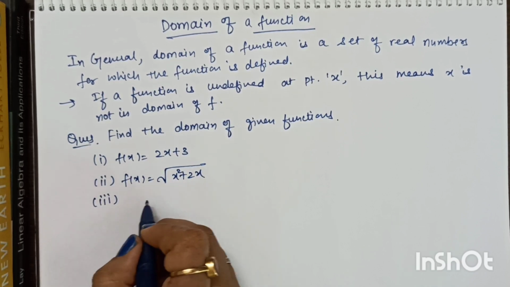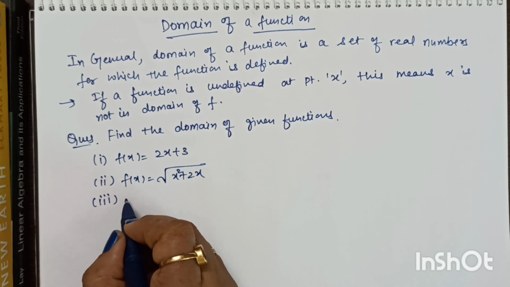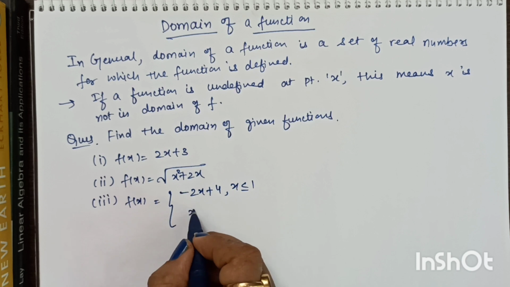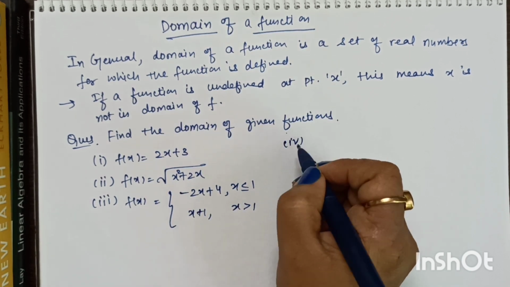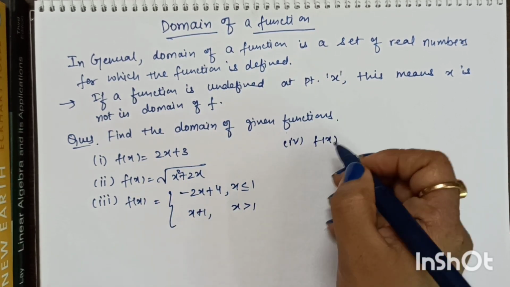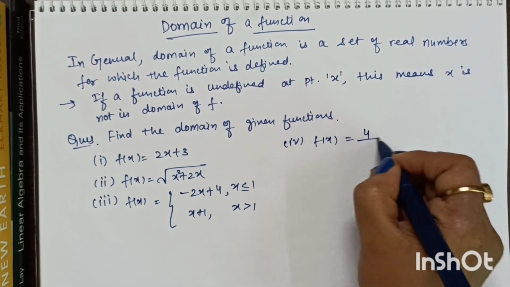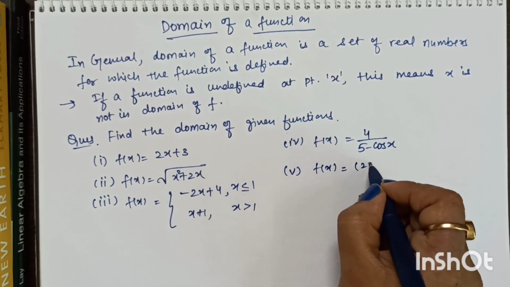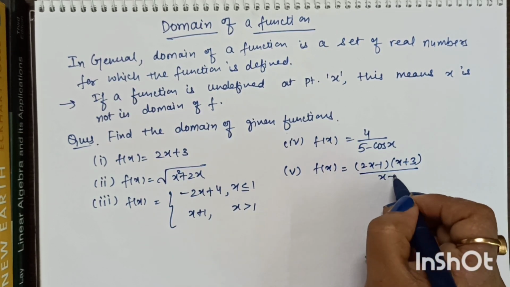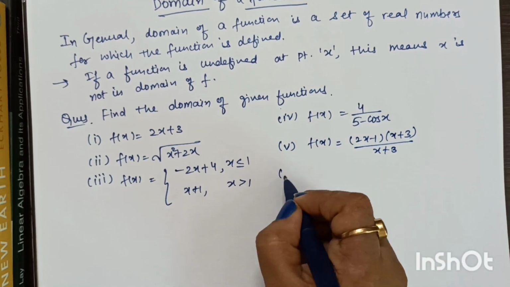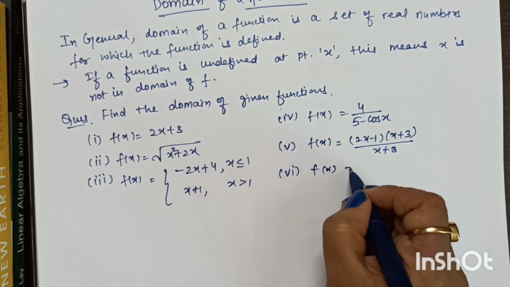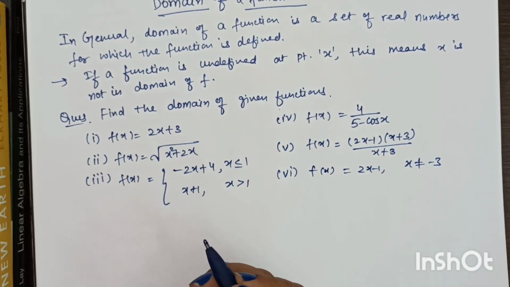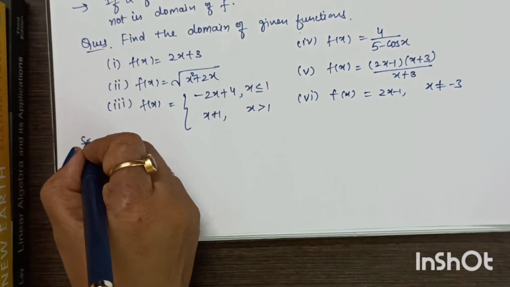So first function is a normal polynomial, 2x plus 3, second one is a square root function, third one is a piecewise defined function, fourth one is a function that contains one of the trigonometric ratios, and the fifth one is a rational function in case of polynomial, and the sixth one is a function with prescribed restriction, means restriction already is given there. So we are discussing one by one.